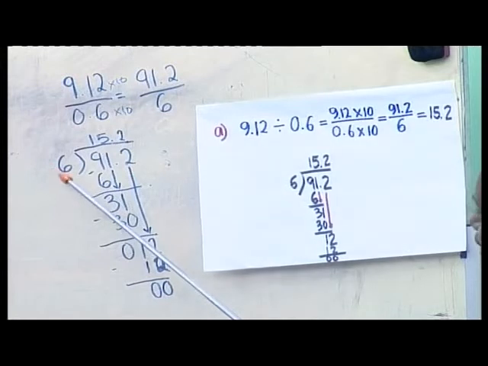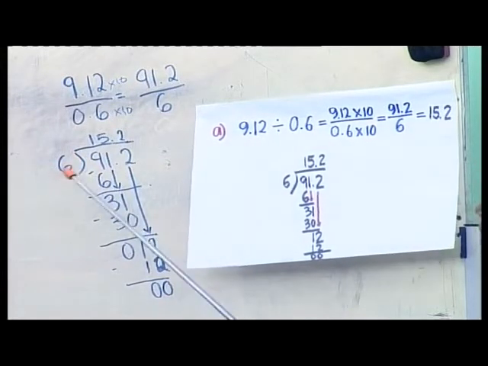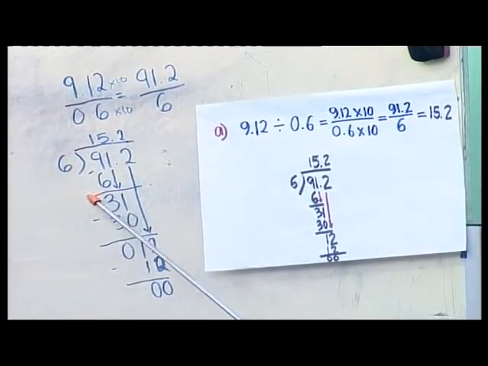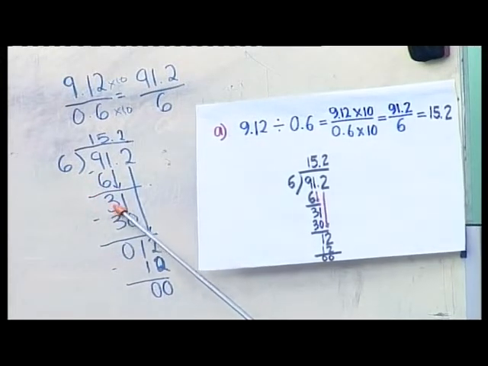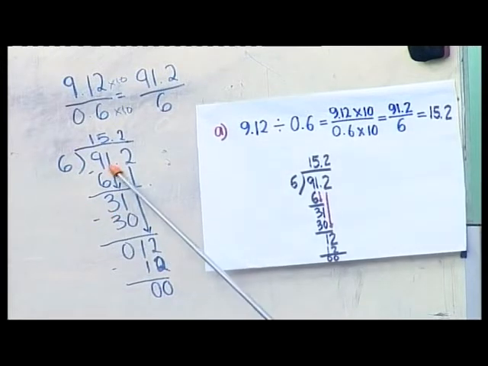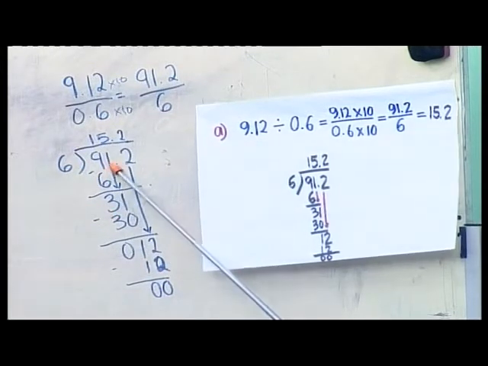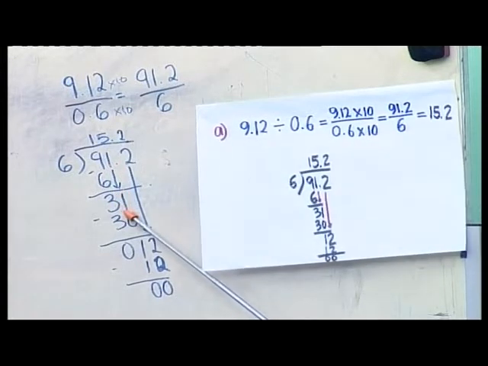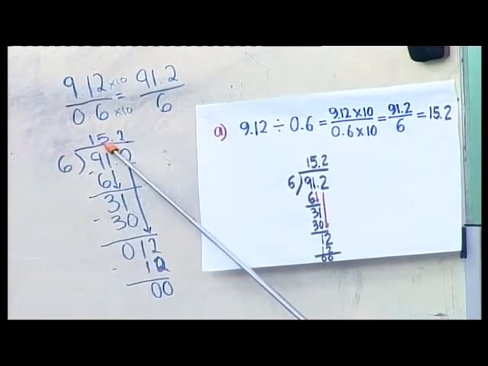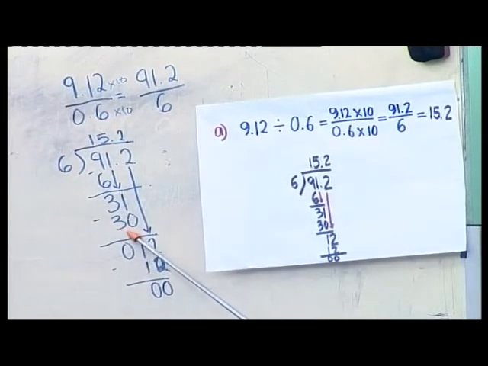Once you get your new number, you are now able to do the long division, like what Lorraine has displayed. So we have 9 divided by 6 is equal to 1. 1 times 6 is 6. You subtract 9 minus 6 is equal to 3. 6 into 3 cannot, so you look at the next number, which is 1. You bring down 1 to make it 31. So 31 divided by 6 is equal to 5. 5 times 6 is equal to 30.